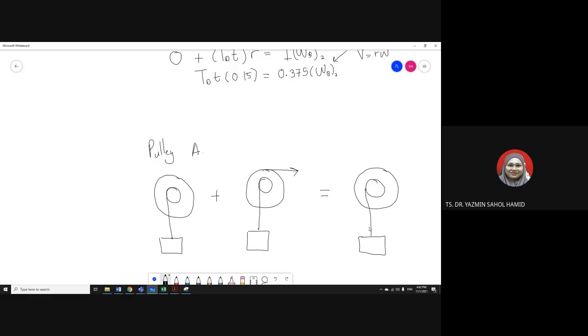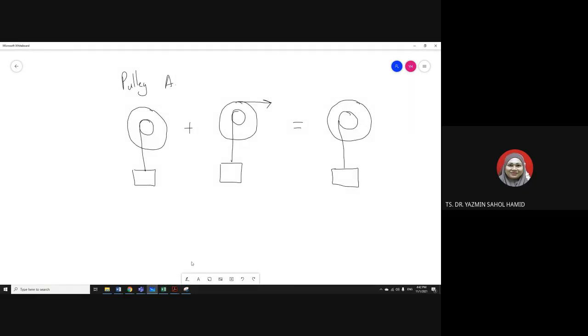Again, you have to write the same thing. Don't be lazy. System momentum 1 plus system external impulse 1 to 2 equals system momentum 2.